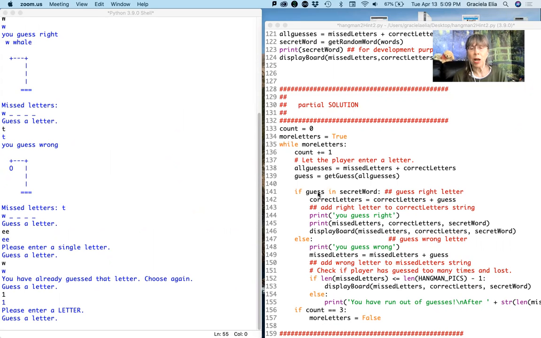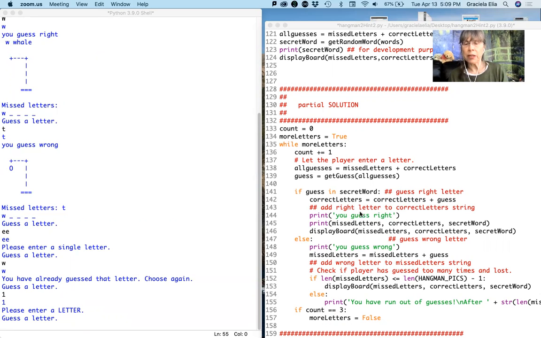So if the letter was in whale, then that letter should be added to what we call the correct letters. And here it is. And here's the, you guessed right. Where's the guess right? We don't have it. Oh, you guessed right over here.